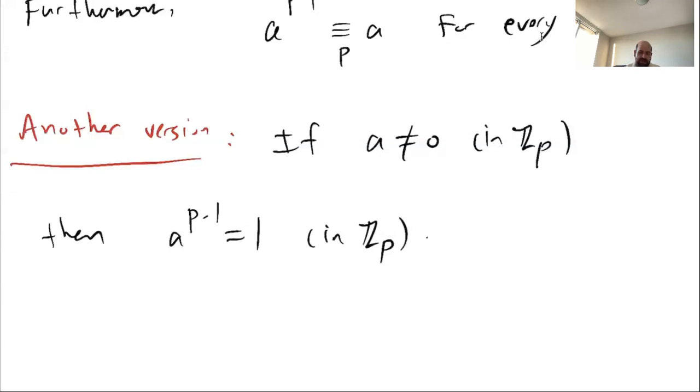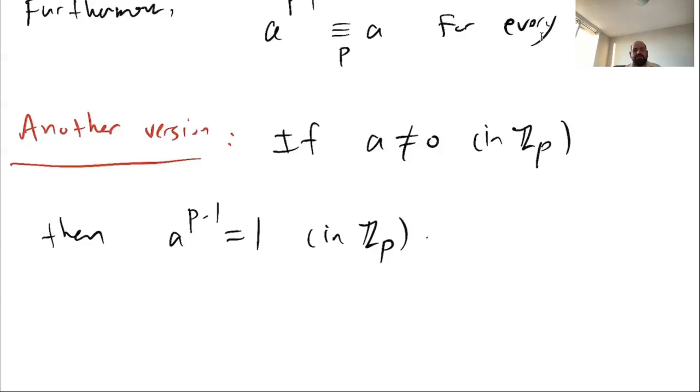But other than 0, any number to the power P minus 1 is equal to 1 when my universe is ZP. So it's very interesting, right? Because when my universe is the set of, for example, integers, only 1 and minus 1 to the power P minus 1 will be equal to 1, assuming that P is not 2. But other numbers to the power P minus 1 are not 1, right?